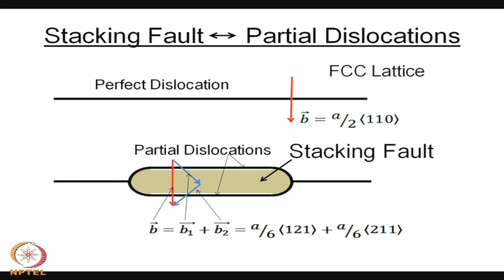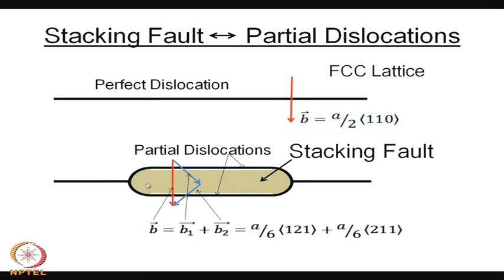So, within the same crystal, it is not necessarily that all through you have the similar stacking. The stacking sequence may change within a small region of the crystal, and that is what we call the stacking fault.